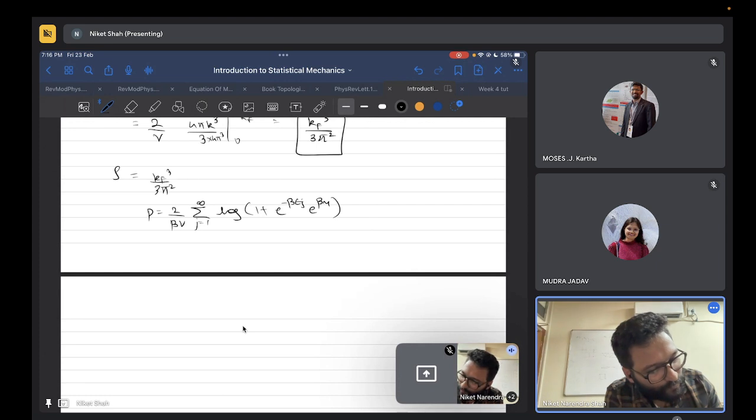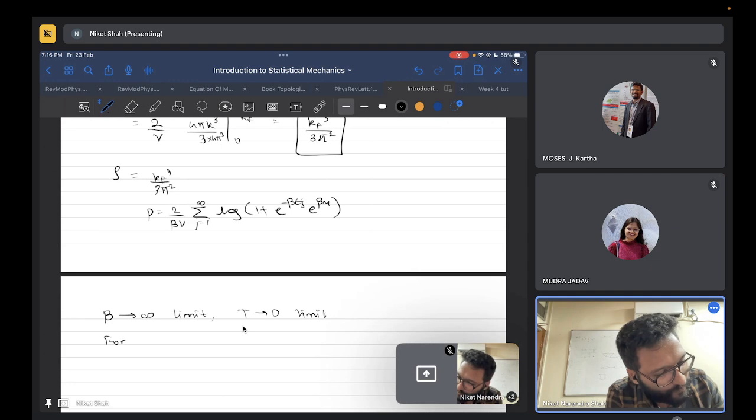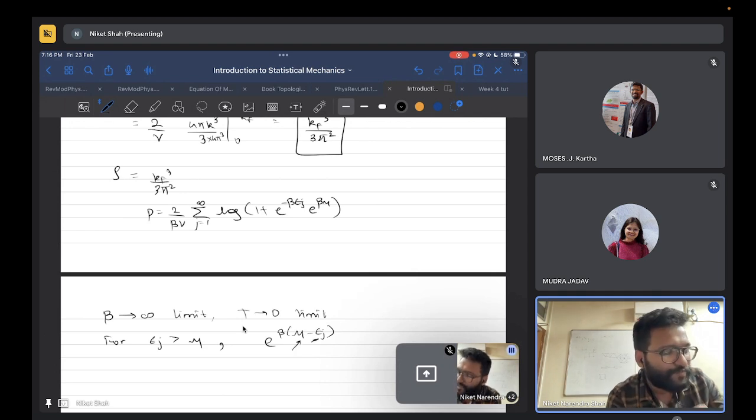Now we are in the beta tends to infinity limit, which means temperature tends to zero limit. So in the beta tends to infinity limit, for epsilon j greater than mu, e raised to the power of beta into mu minus epsilon j, what does this give you? When epsilon j is greater than mu, this term is negative and beta tending to infinity, this will give me 0.